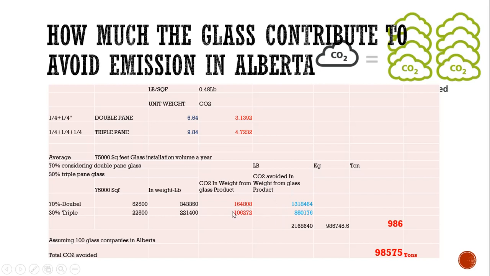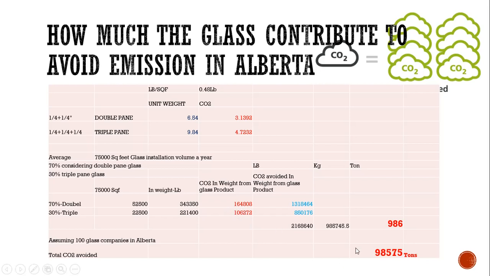So totally for a year, we're going to have 986 tons of carbon released. This is what we produced, because this is how much we used for the installation in a year for one company.